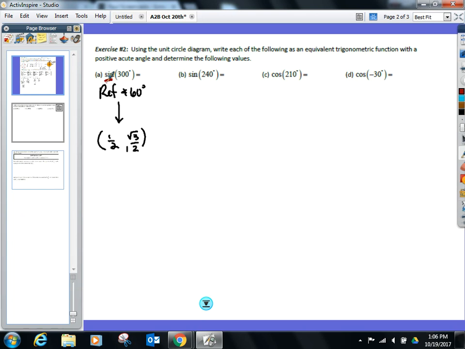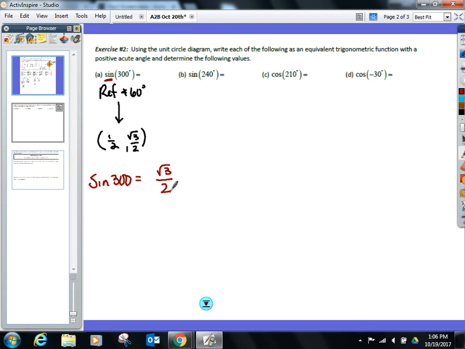From your work yesterday with me, what did you remember? Is the x or the y always the sine of the angle? The x coordinate or the y coordinate? Which one always represents the sine of an angle? It is the y coordinate. So the sine of 300 is equal to radical 3 over 2, because it's the y coordinate of 60 degrees.